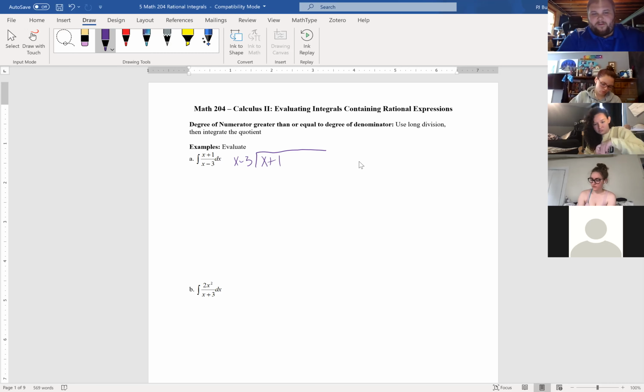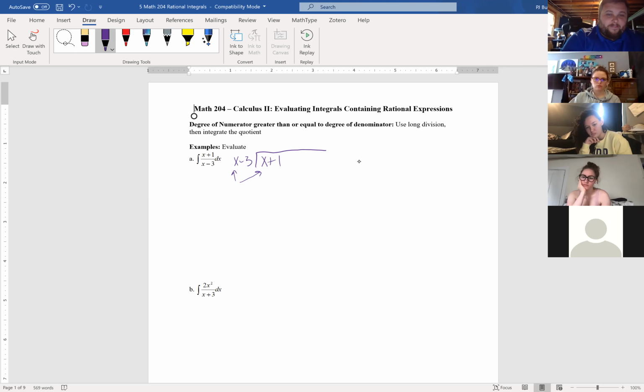Now I really only care about the x's. So what I need to do is say, how do I make x look like whatever this first term here is? Well, in this case, that's really easy, right? Because to make x look like x, I would just multiply it by 1.